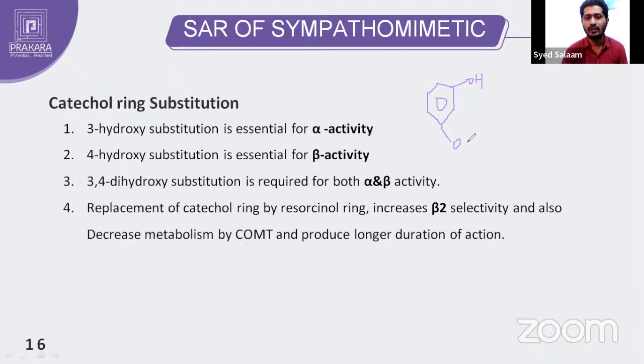If you substitute the catechol ring with resorcinol, it increases beta 2 selectivity and also decreases metabolism. It cannot be metabolized, meaning the duration of action is enhanced. It is not always necessary to have a longer duration of action, but replacing the catechol with resorcinol elongates the duration of action.